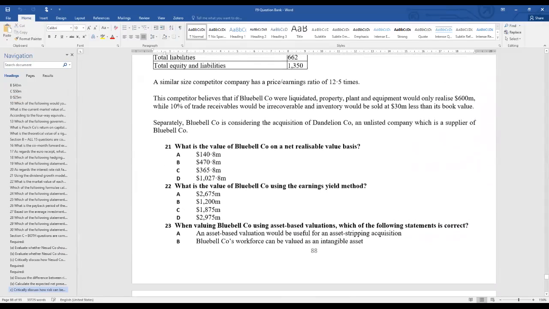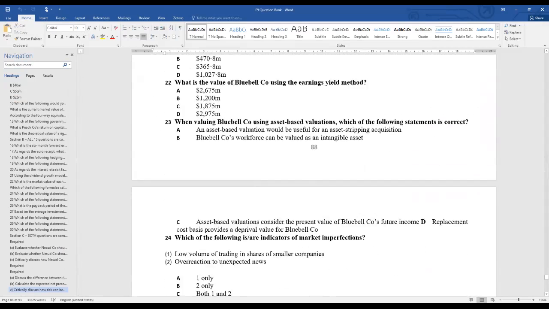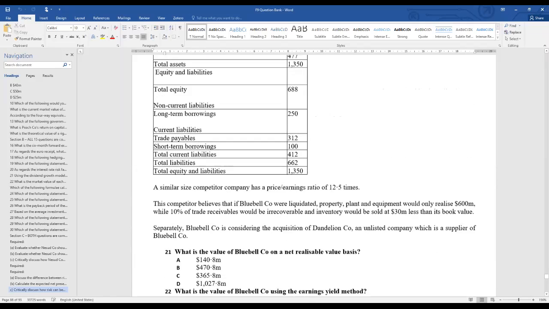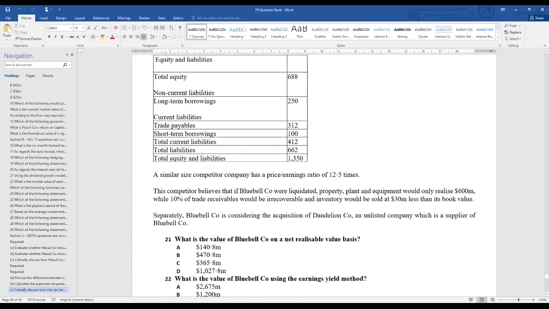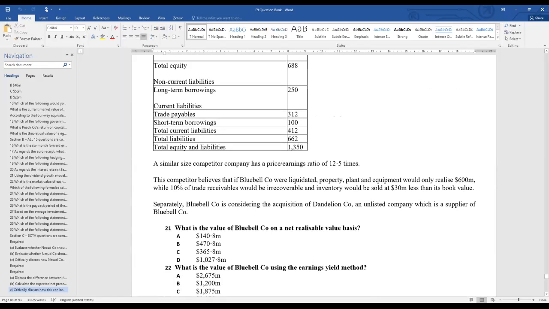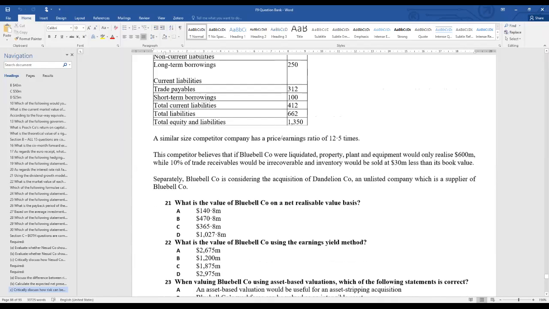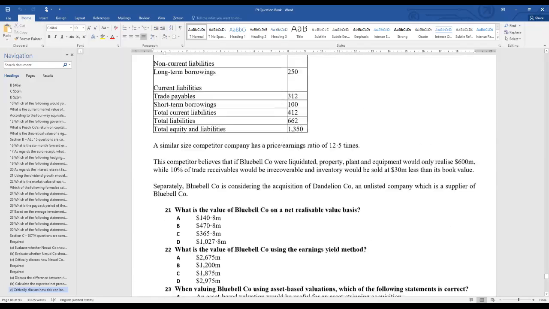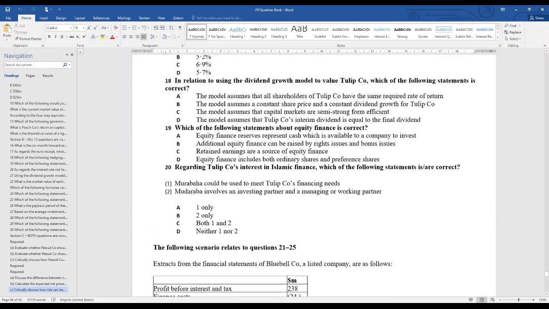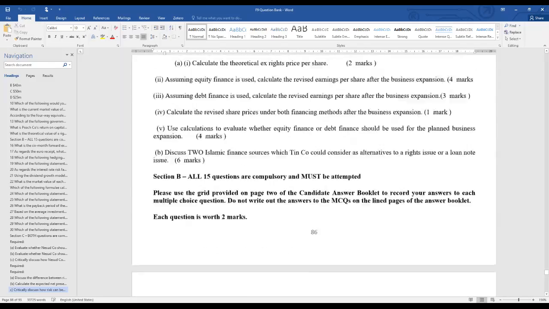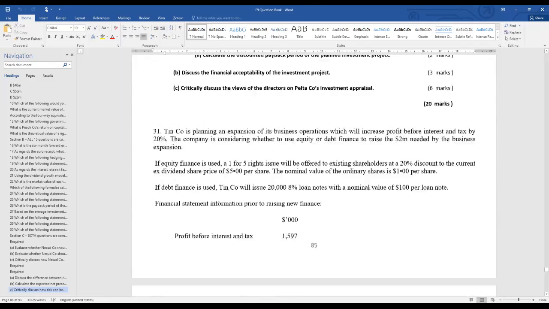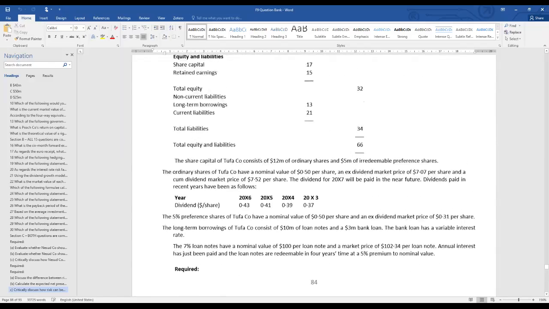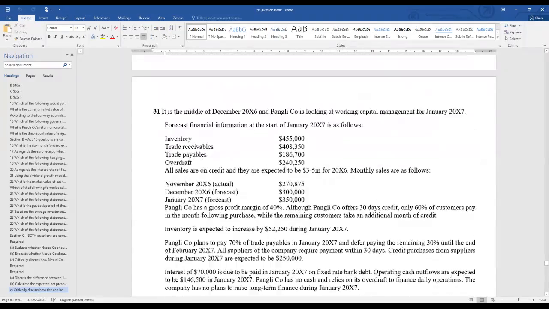You can see here this method. I'll pause to try to go through them, because this is a section B type of question. We're meant to get the company value using the NAV, earnings yield. Where is the question? What I wanted was a question on, it was under section A, I guess.